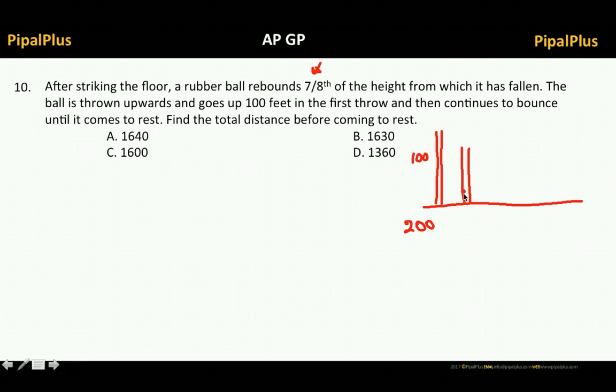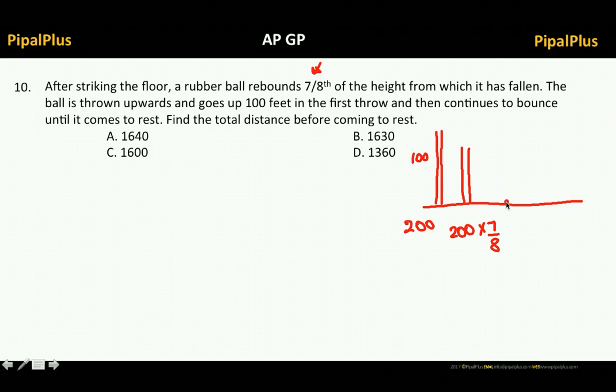So between the first bounce and the second bounce, the distance that the ball has covered is 200 into 7 by 8. Why 200? Because it has gone up by 100 into 7 by 8 and it has gone down by 100 into 7 by 8. When I add these two up, I get 200 times 7 by 8.